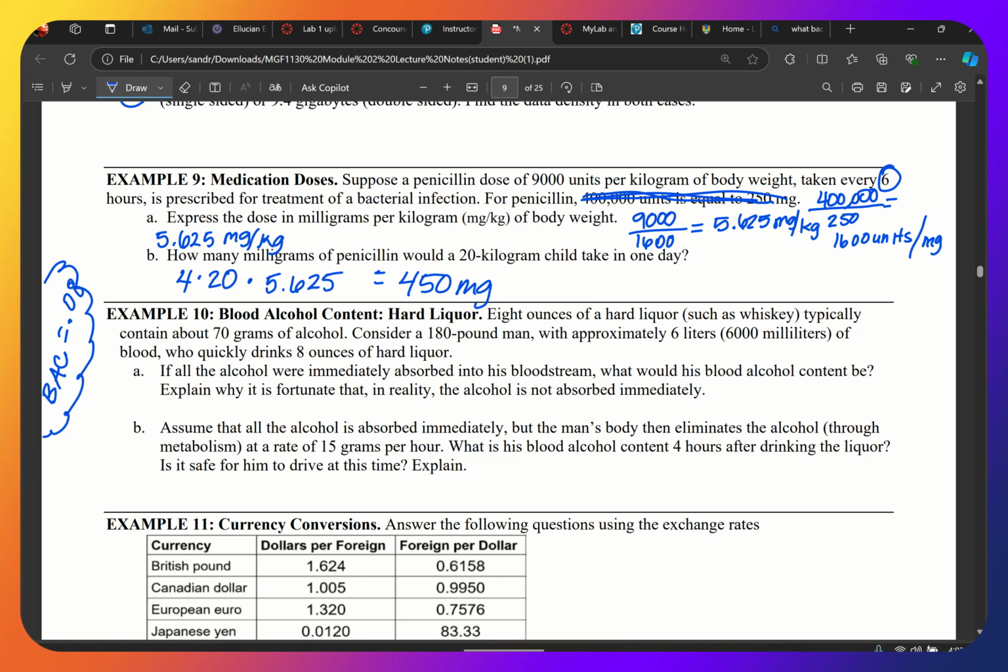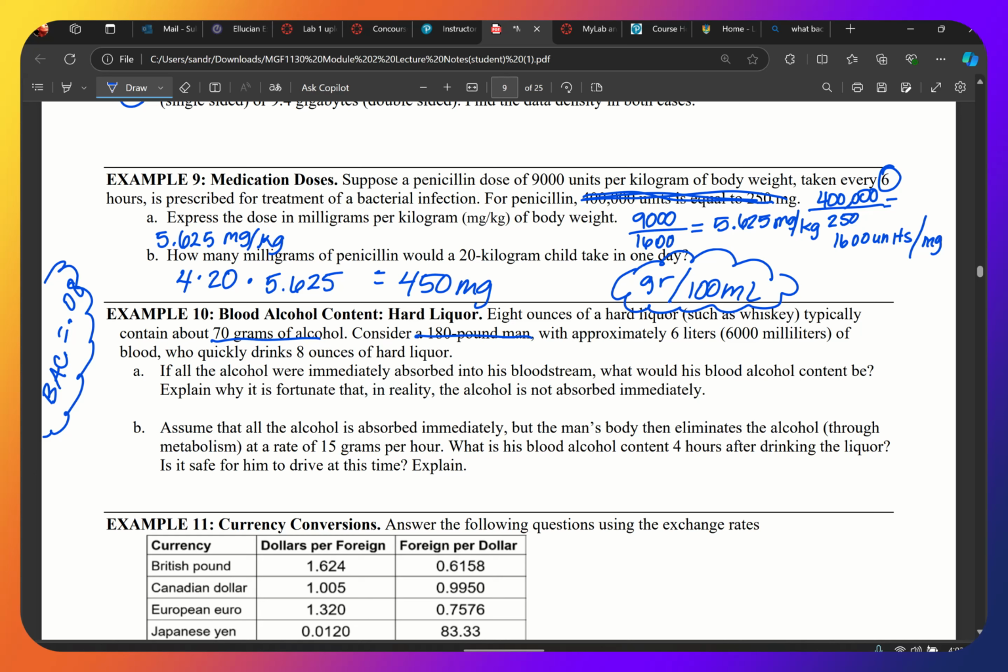Blood alcohol content is grams per 100 milliliters of blood. This is the unit for BAC. 70 grams of alcohol, no problem, already in grams. 180-pound man, it's just additional information.